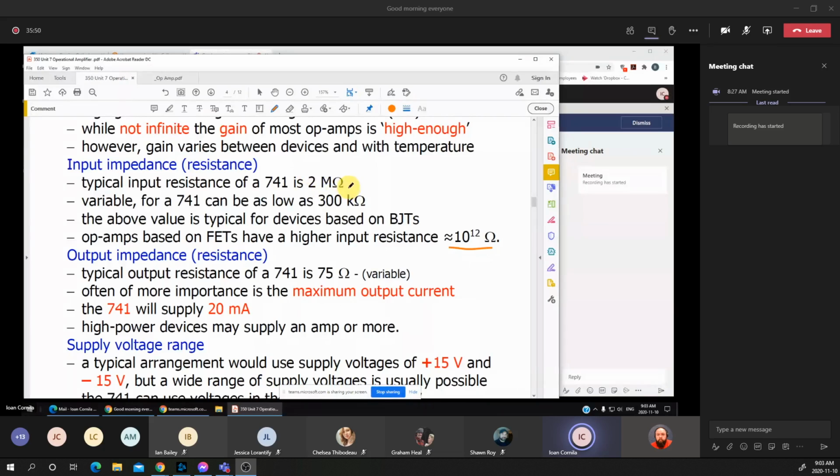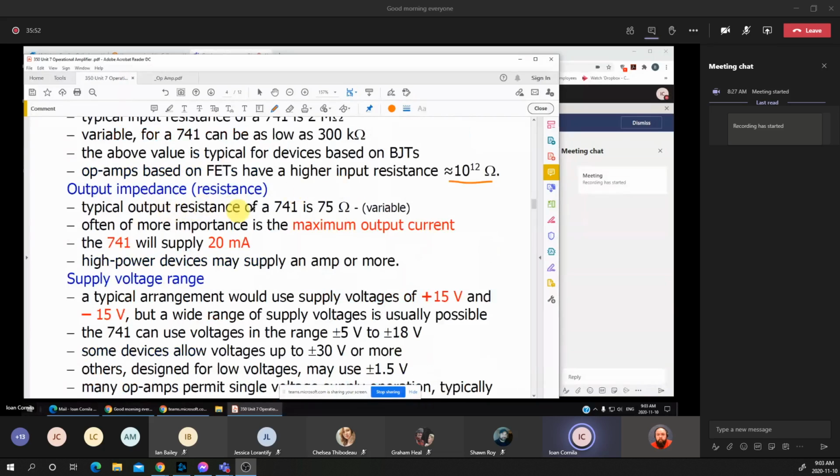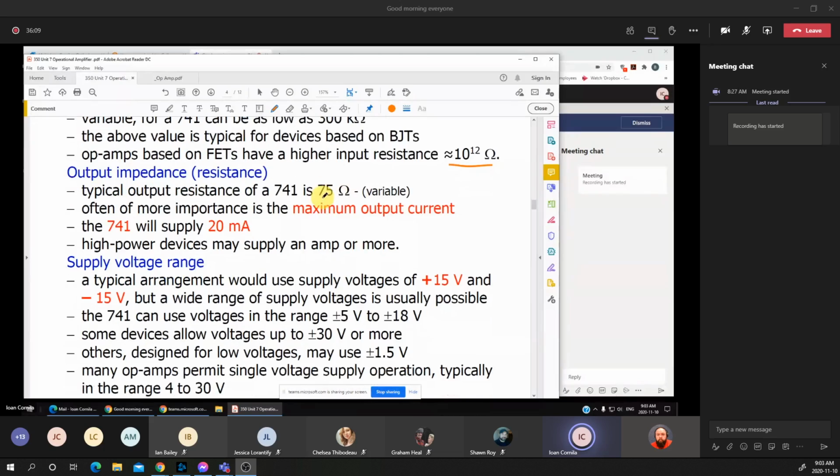The output impedance, I mentioned, is around 100 ohms. Most of the time, the typical value is 75 ohms. And we'll stay close to these values, 75 or 100 ohms, in our applications. Another limitation based on the output impedance is the maximum current.